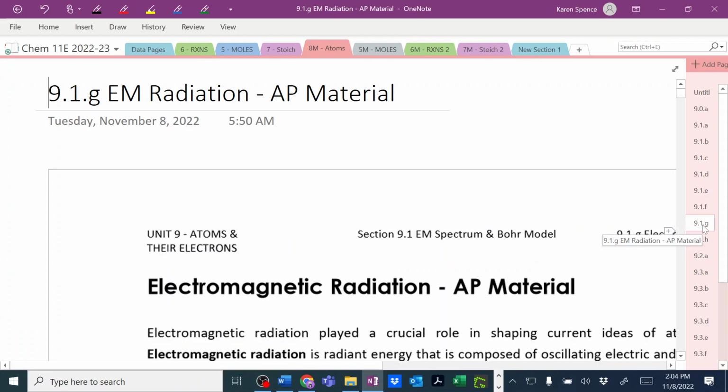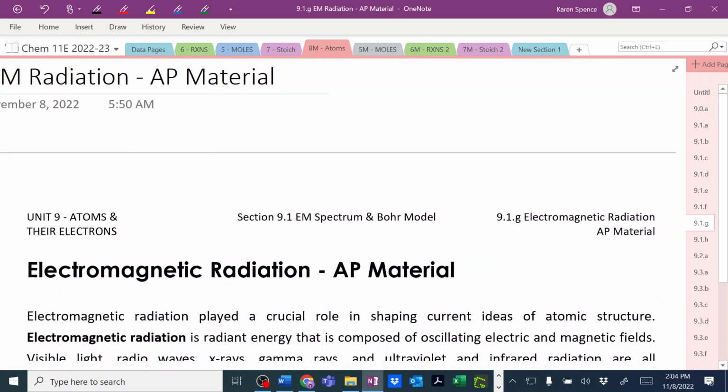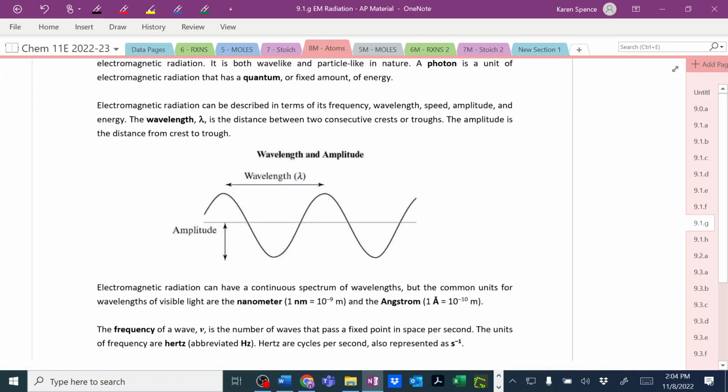There we go. A baker's mole? Is a baker's mole 7.02 times 10 to the 23? We're having a conversation over here. Oh, such good questions. I love it.